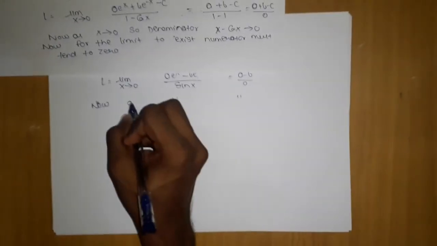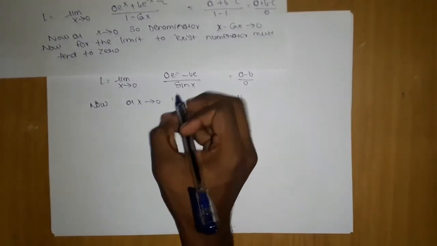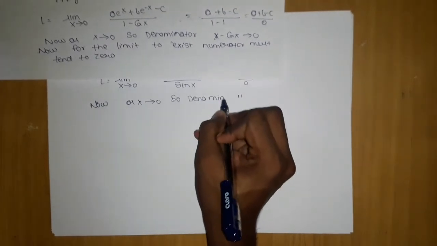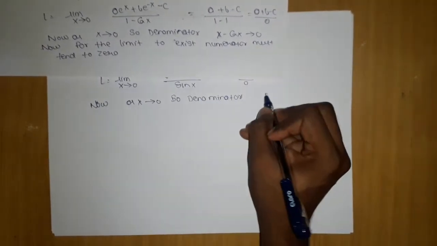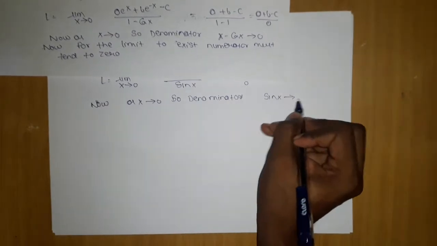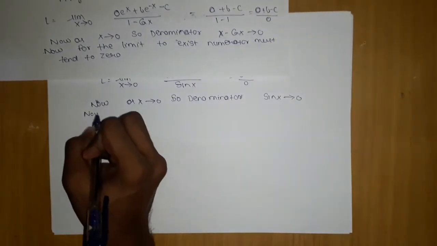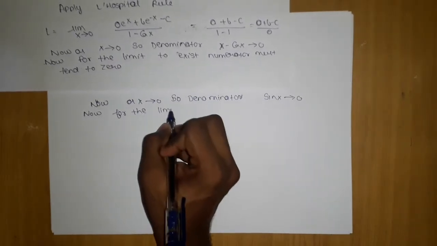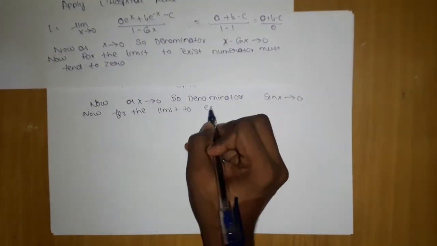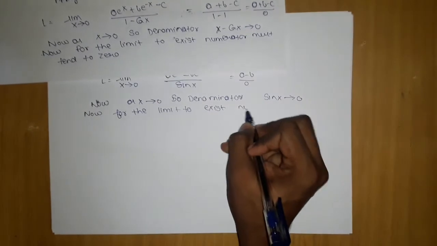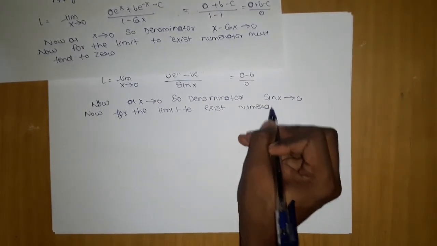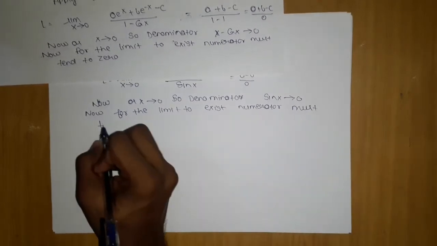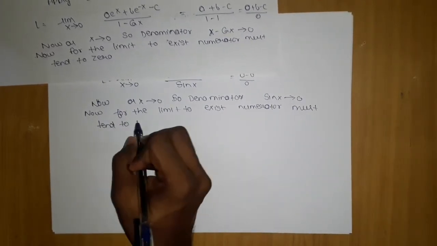Now as x tends to 0, the denominator sin x tends to 0. Now for the limit to exist, the numerator must tend to 0.